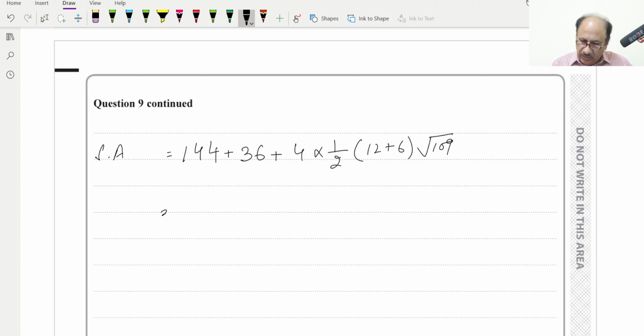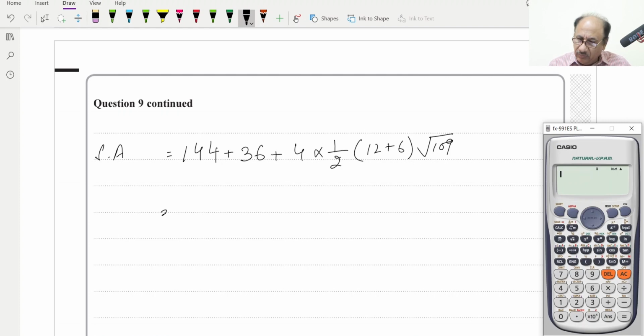So we can add this calculation. This will be 144 plus 36 plus 4 multiplied by 0.5, multiplied by 12 plus 6 inside the bracket, and then we multiply it with the square root of 109.